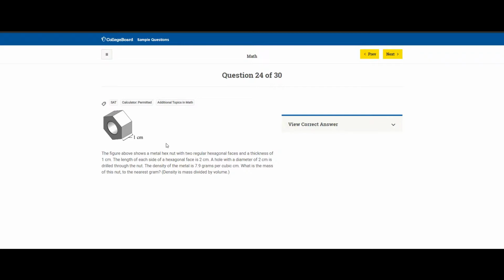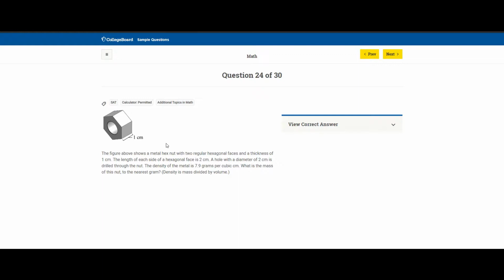Let me go ahead and look at my calculator real quick. And this one's a very difficult problem. Hold on a sec. Calculator time, baby. Okay, let's see if this works.